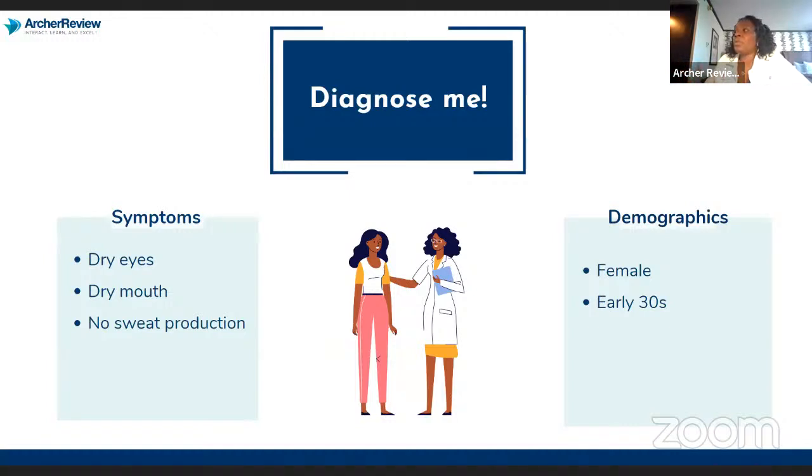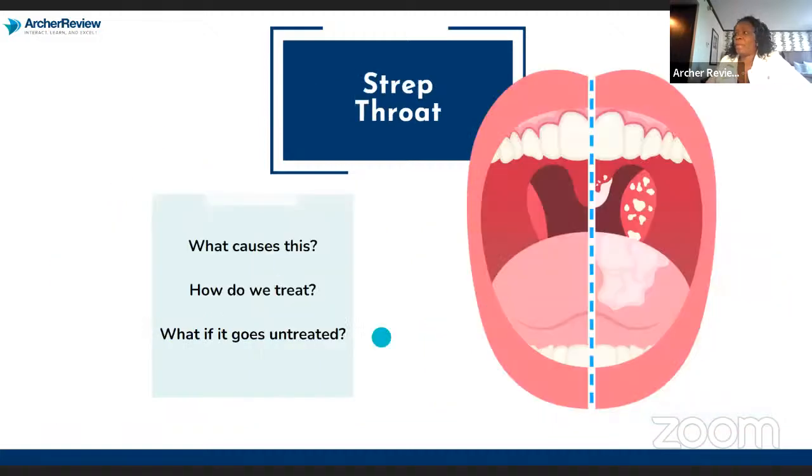Those are autoimmune, and that's what Sjogren's syndrome is. We would treat this symptomatically, like with eye drops, and sometimes even sour candies that can help produce salivation in the mouth. So it's not really a treatment for cure. We just treat the symptoms. Okay.